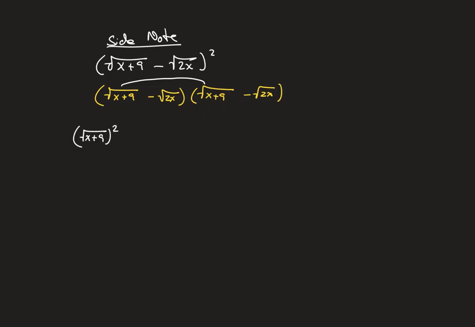Then we would have the square root of x plus 9 times negative 2, or negative square roots of 2x, which would be negative square roots of 2x times the square root of x plus 9. The order you write those in doesn't actually matter. You can also rewrite this as the square root of 2x times x plus 9 right now.